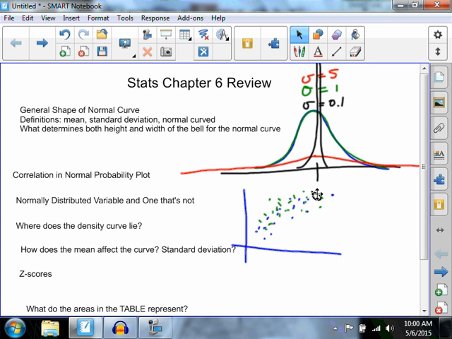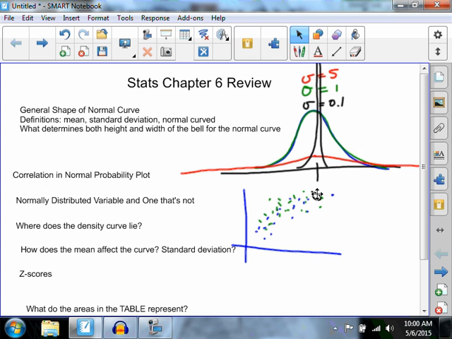Okay? On the one quiz, you were asked to come up with a variable that's normally distributed. Some that we had thought of that we discussed in class were heights of people, standardized test scores, the SAT, for instance.